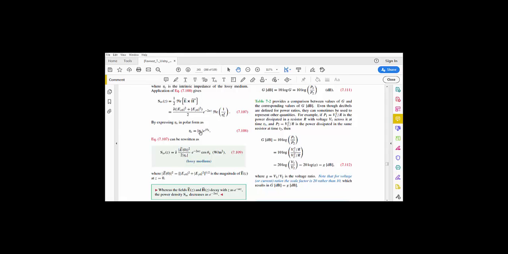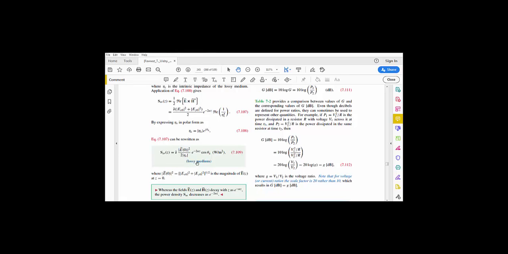So here we are talking about magnitude and its phase because we work with average, so we need to calculate it in instantaneous or real form. So from this exponential we just need the cosine, and then we will get the final expression for the power density in case of lossy media.